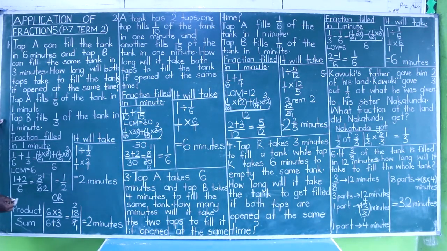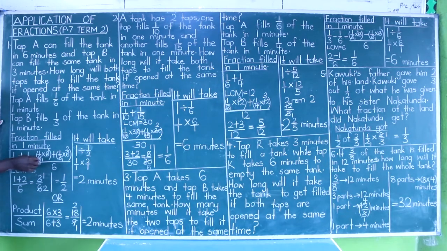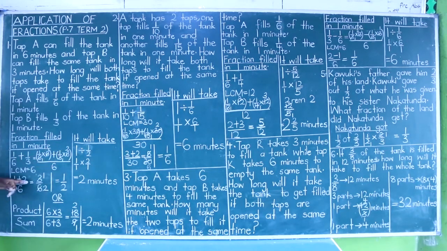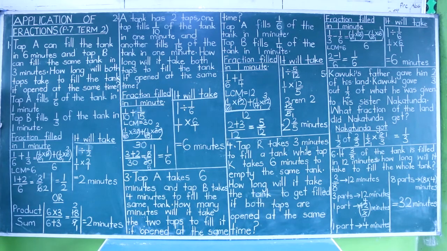Then we go to our cancellation. So 6 by 6 ones, 6 by 6 ones, 3 divided by 3 ones, and then 6 divided by 3 gives 2. Then we multiply 1 by 1 to get 1, as well as 1 by 2 to get 2, out of the same LCM 6, where 1 plus 2 is 3 out of the 6.